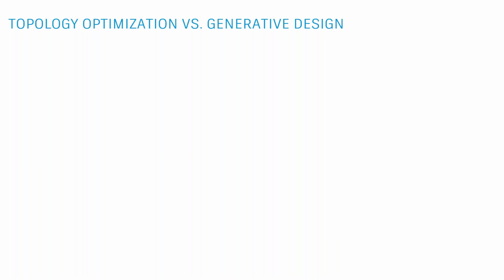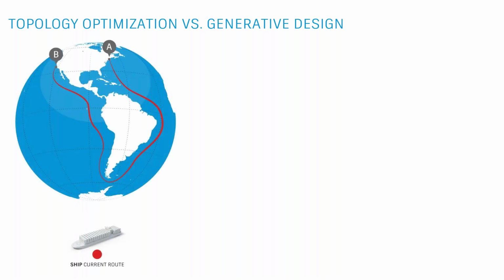Let's also contrast this with topology optimization. So you might be familiar or have heard of topology optimization and wondering how generative design is different than topology optimization. Let's use an analogy of transportation, right? So if we have a certain amount of cargo that we're going to ship from point A to point B, right?